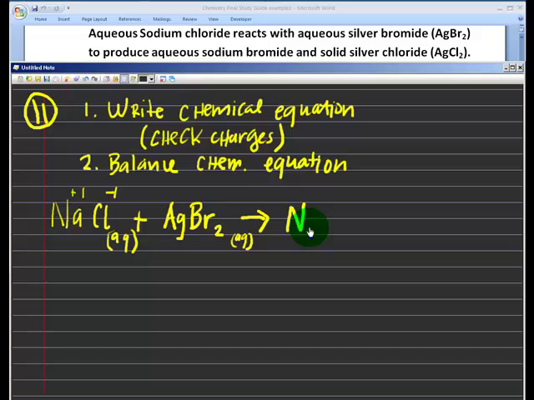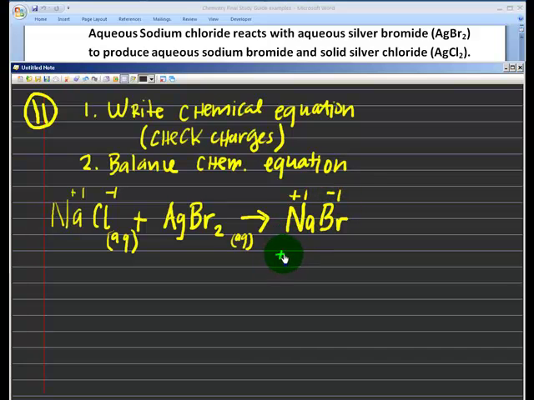So I'm going to write Na, and then bromide is Br. And we need to check charges. So let's not forget to check charges when we write NaBr. Remember, sodium is +1, bromine is -1 charge.